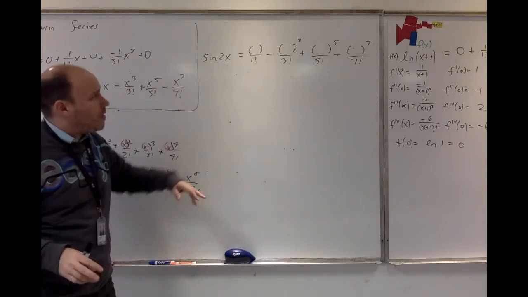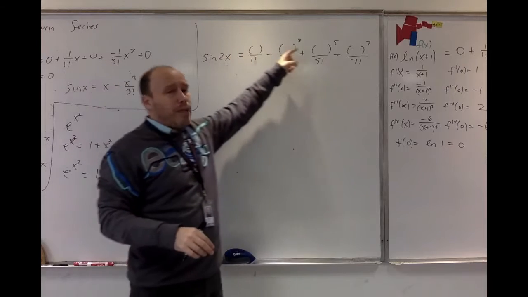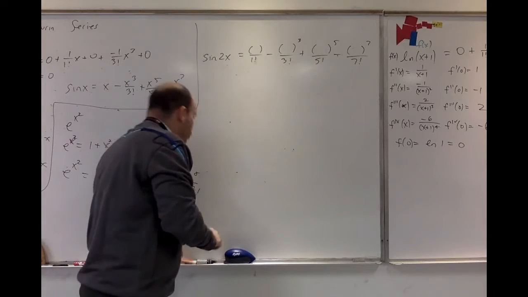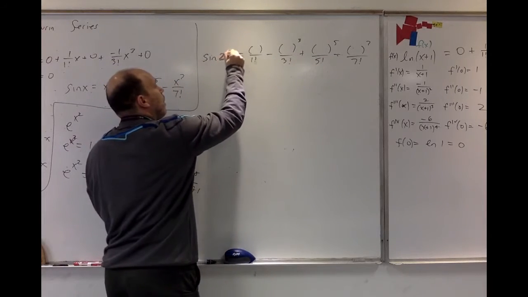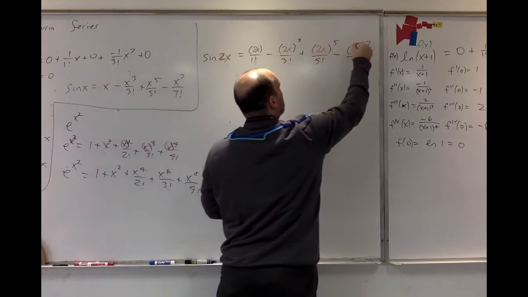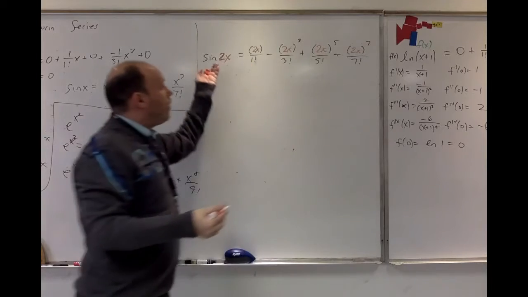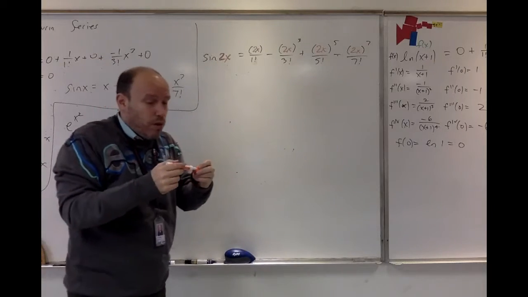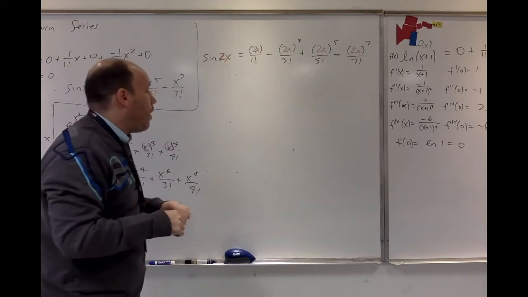And so for sine, you would have just put the x's in. But now, because it's 2x, you put the 2x's in there. And what we've done, we've expanded out sine of 2x as a polynomial.